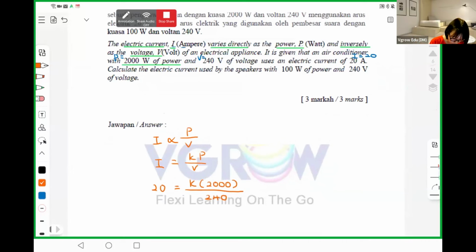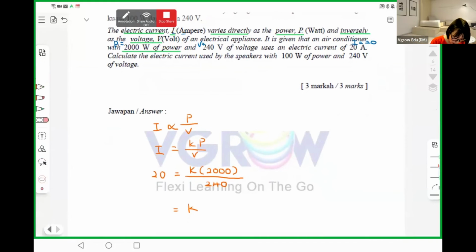So now, assuming you want to find K, how do you switch the number at the back to the front? Copy down the K on the right side. Now here the number is 2000 over 240, right? If you move it to the other side, it's just the opposite. So 20 times the inverted fraction, so it becomes 240 over 2000.